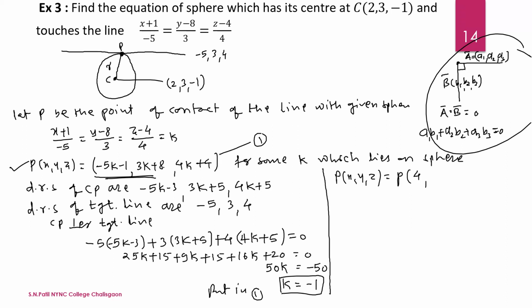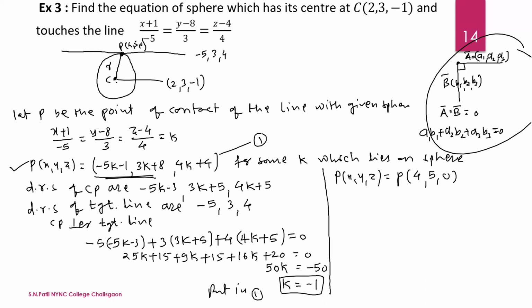Put k equal to -1, plus 8 minus 3, that is 5. Put k equal to -1, -4 plus 4, 0. So this is the point P, 4, 5, 0, and these are the center.